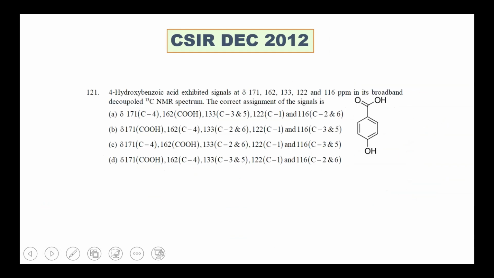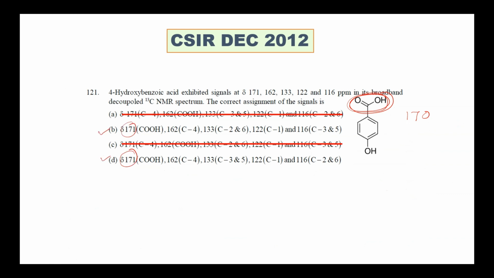December 2012, they've asked for para-hydroxybenzoic acid. The carboxylic carbon should come around 170. Therefore, I have picked options B and D, and A and C I've ruled out. Then you can see that carbon 1 is 122.